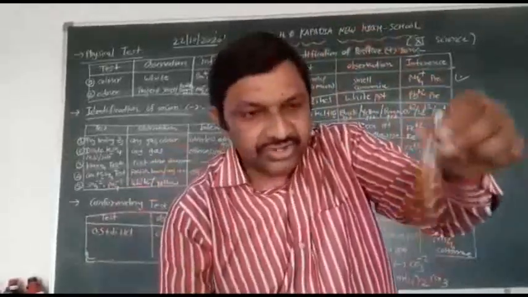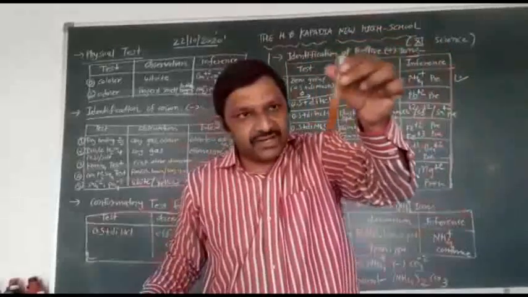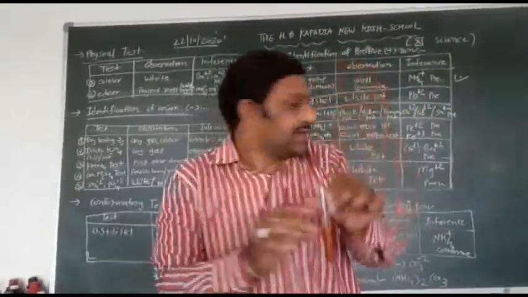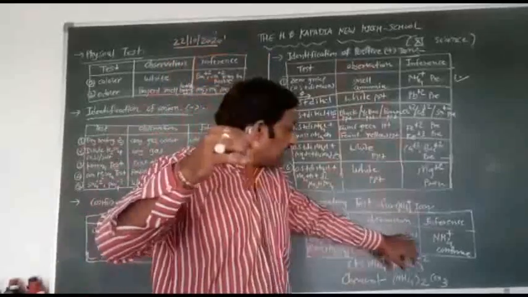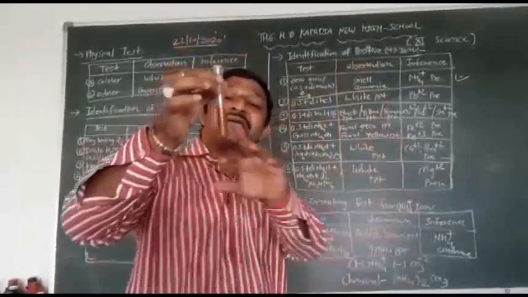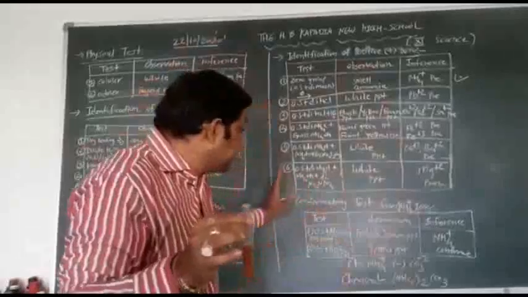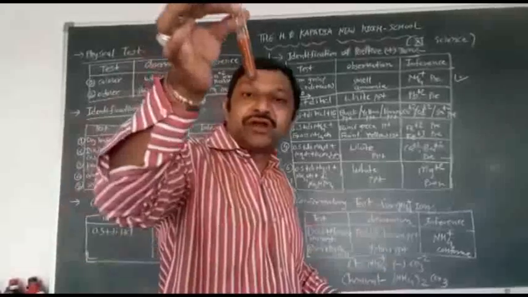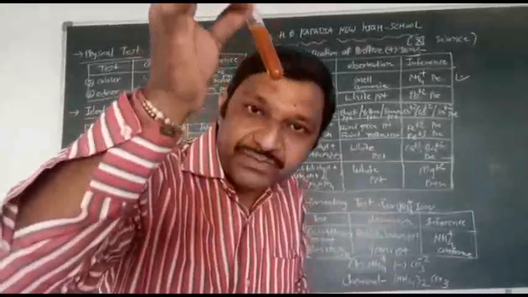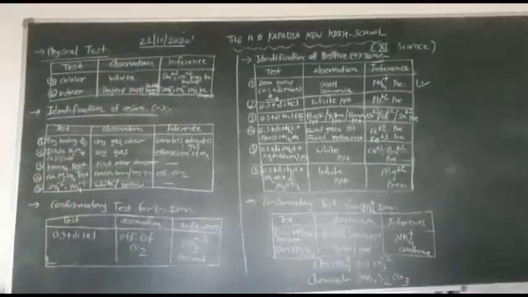So a reddish brown precipitate is obtained here. So OS plus Nessler's reagent, reddish brown precipitate is obtained. That's why NH4 plus is present in your practical. So in the confirmatory test for NH4 plus, a reddish brown precipitate is obtained.